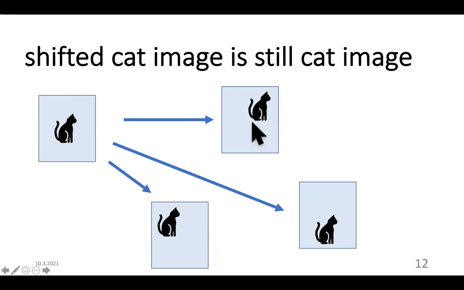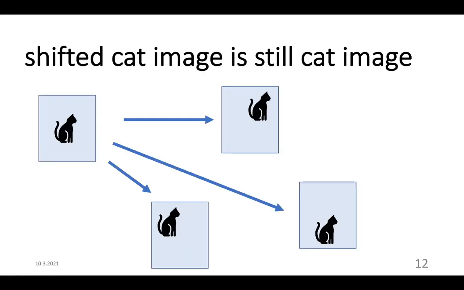So you see that you can create a lot of augmented data points for which you know the label, because these transformations don't change the label, but they are different data points. This image is different from this image. So you have two different data points here, but they have the same label. So you have new labeled data points.